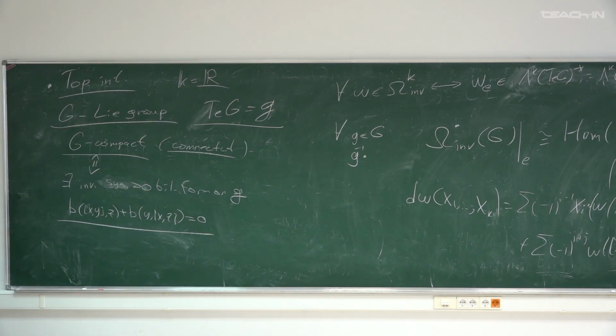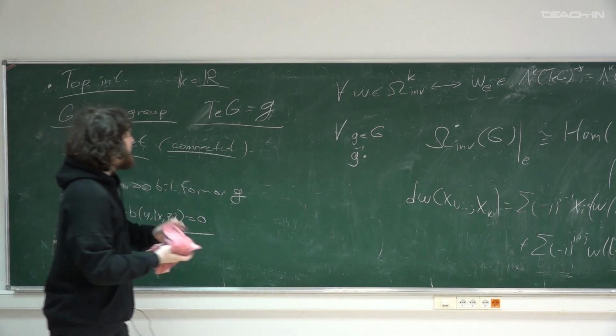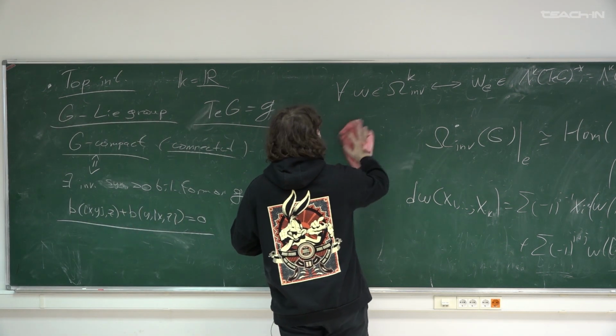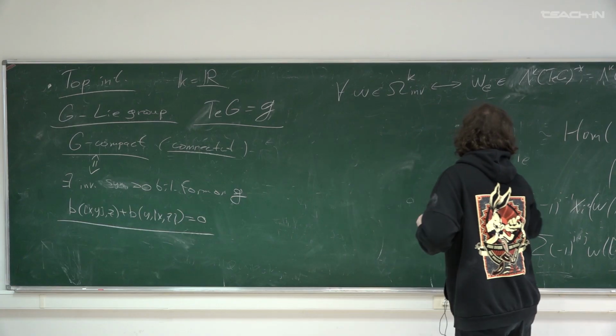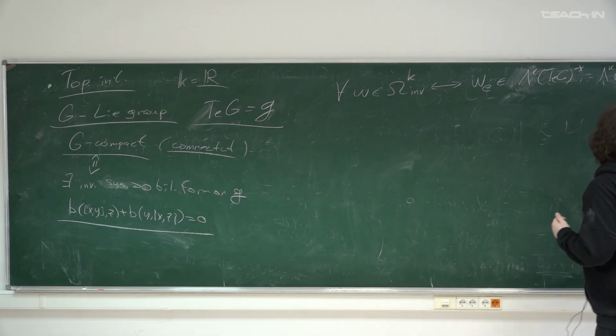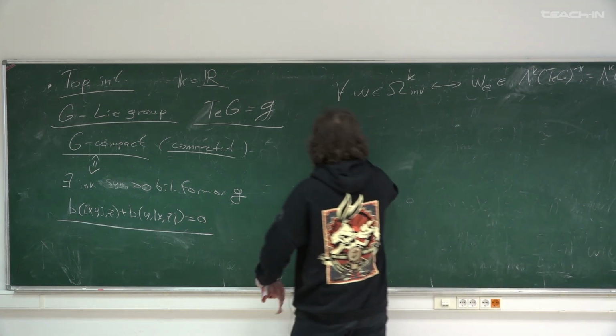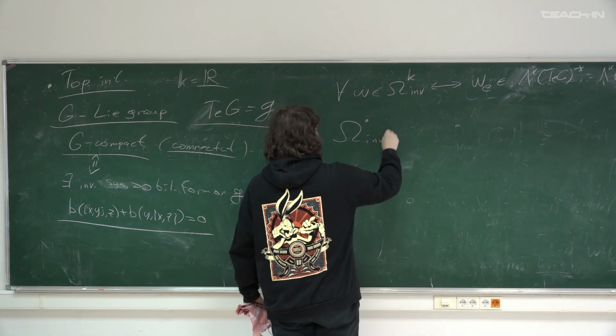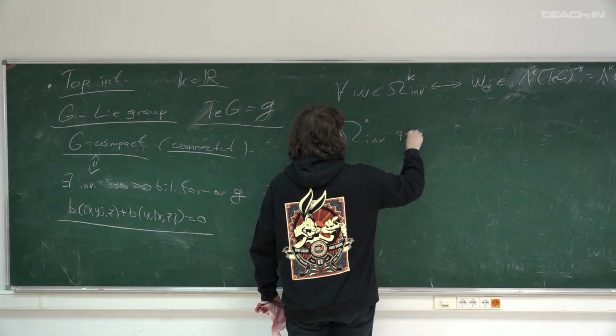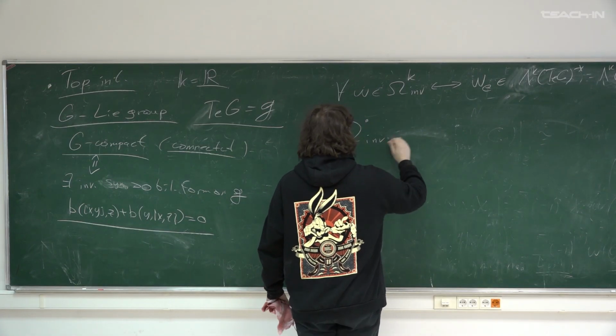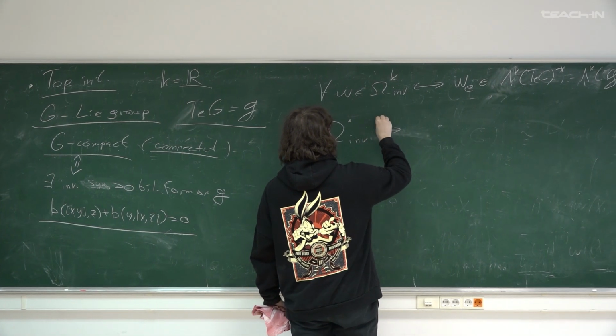But okay, now let me assume that it exists, and if it exists, then for a compact Lie group, in fact, the invariant chain complex is quasi-isomorphic.